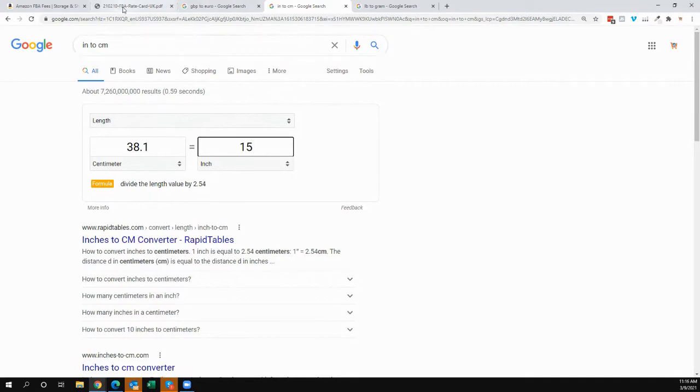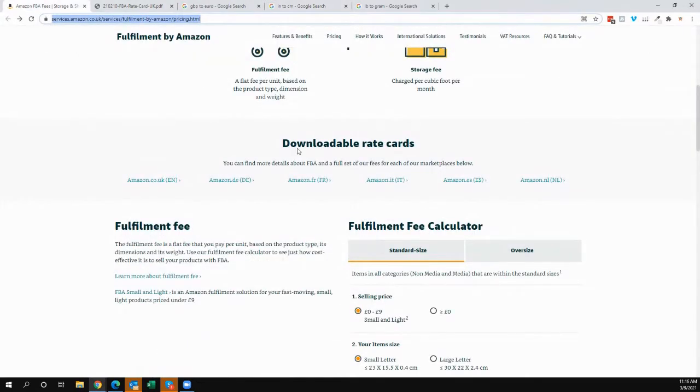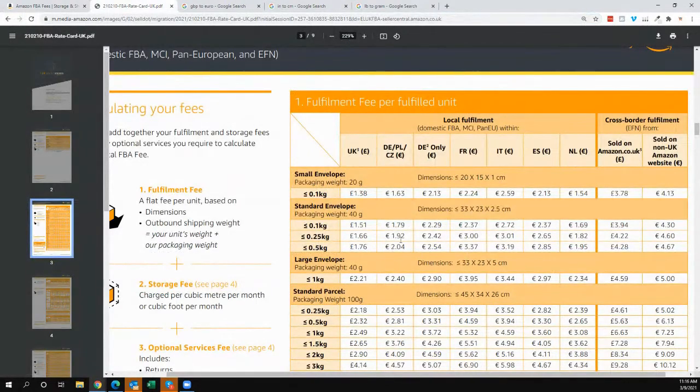You'd want to know that if you're trying to figure out the rates, because the first thing you want to do, no matter what marketplace you're looking in, is figure out whether it is standard or oversized. Just because it's maybe on the border of being standard or oversized in the US doesn't mean it's going to be the same. And also, you've got to keep in mind that how they calculate the outgoing weight is going to be a factor in this.